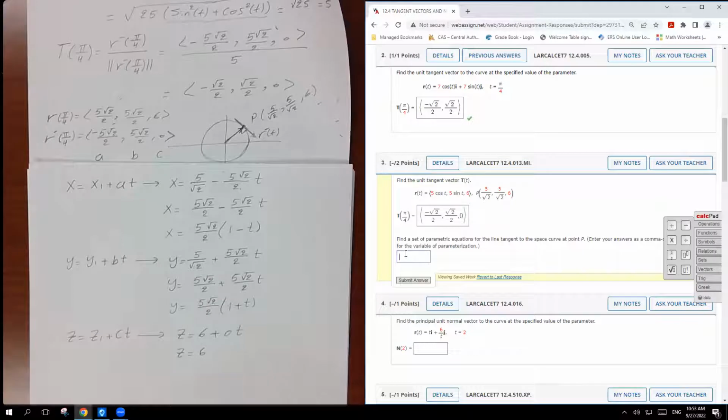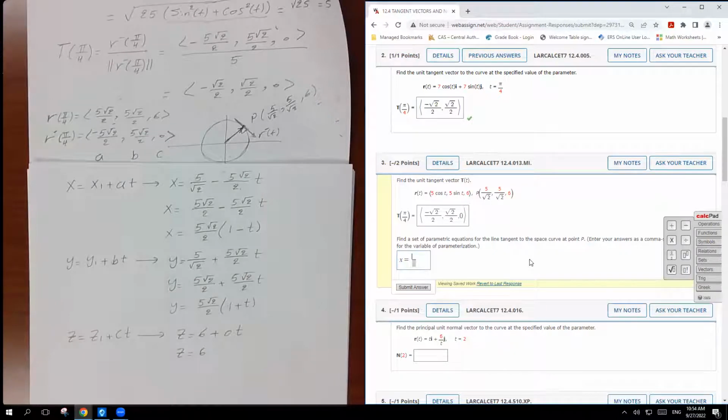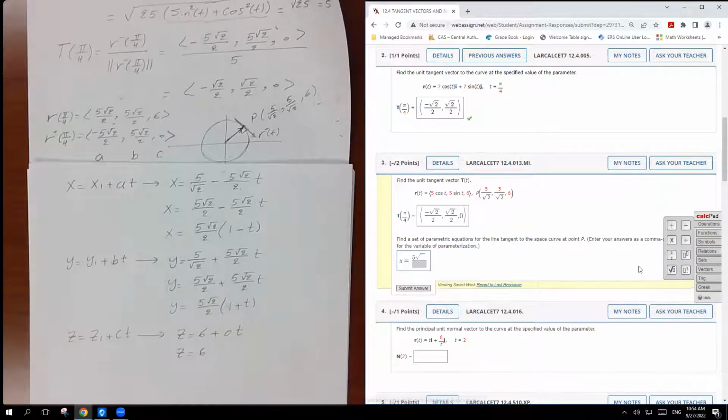And here, let's check this one. I hope there's nothing wrong. X is equal to 5 square root of 2 divided by 2, parentheses 1 minus t, comma, y is equal to the same thing.